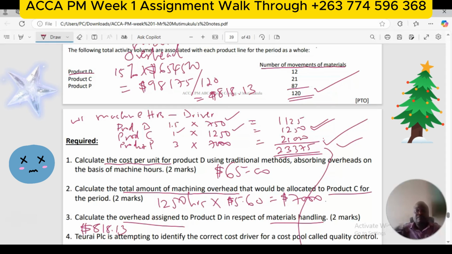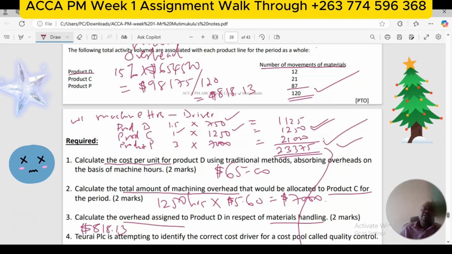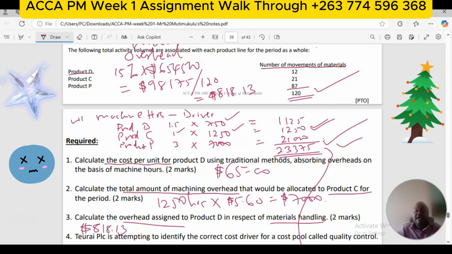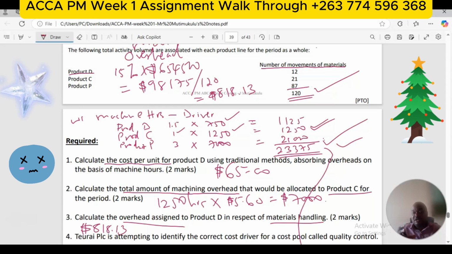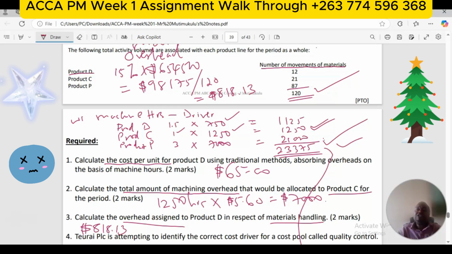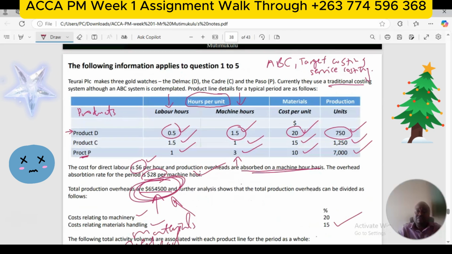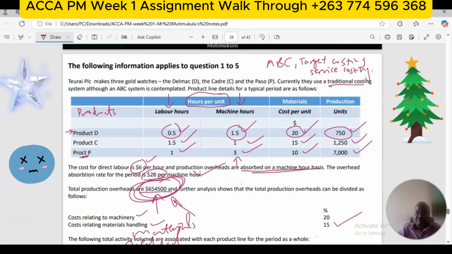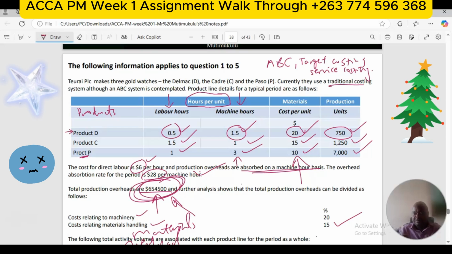Unlike the other cost drivers given in the question, materials were specifically given a cost value, a cost value per unit.